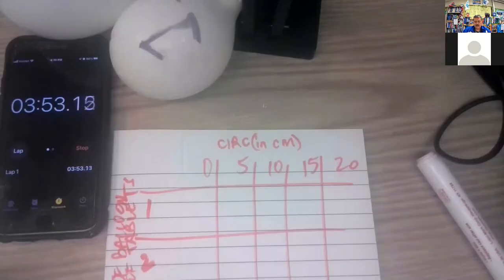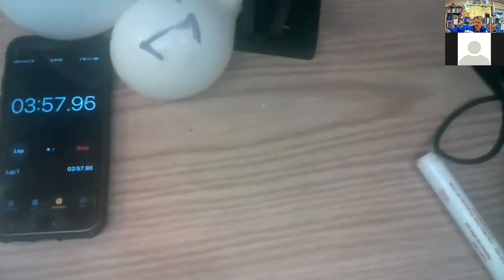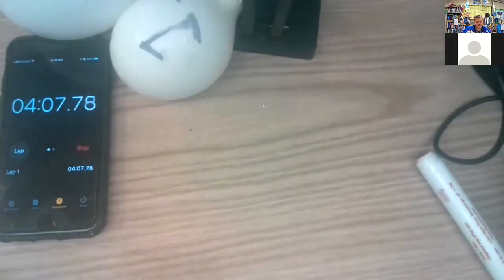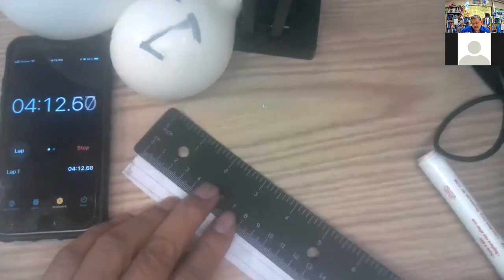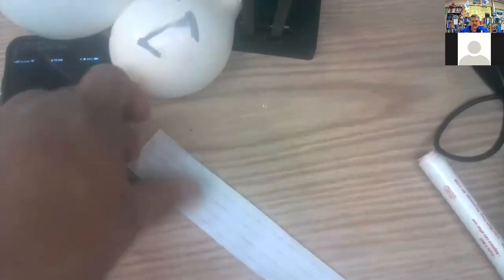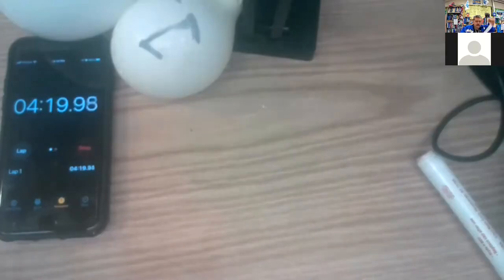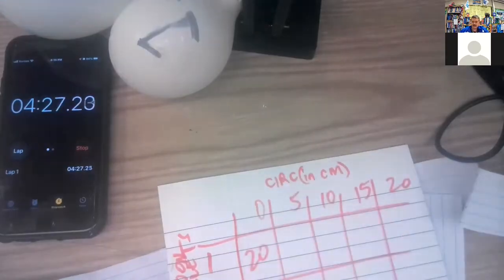Almost time to get the next measurement anyway. So let's go ahead and get ready to do that. But let's see if I can get a better ruler. This will do. Okay, so from the beginning here, my first measurement for number 1 is 20 centimeters.